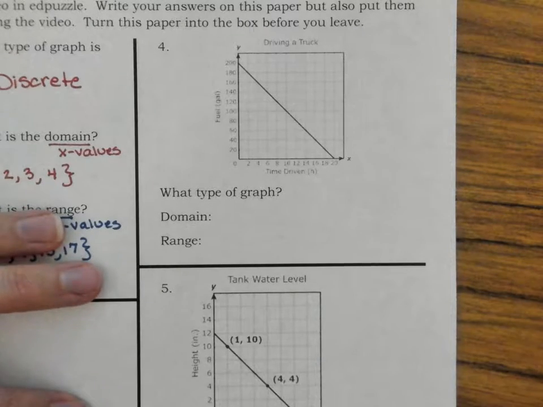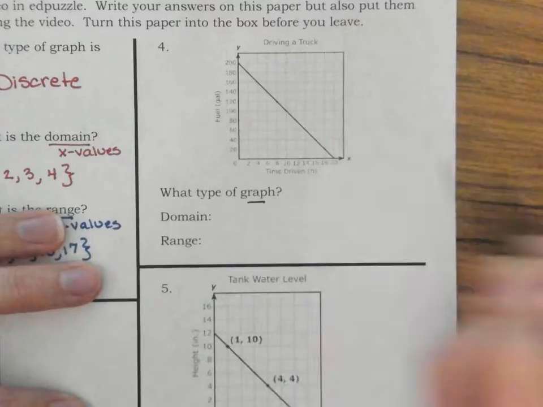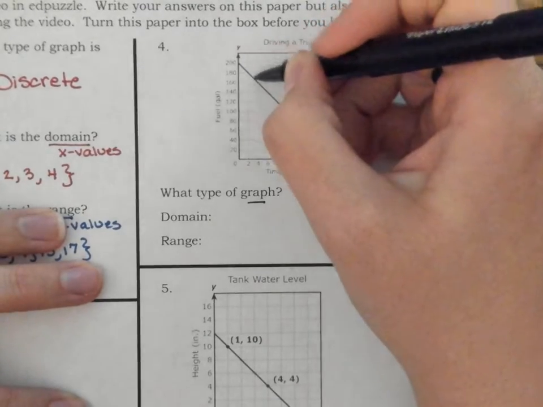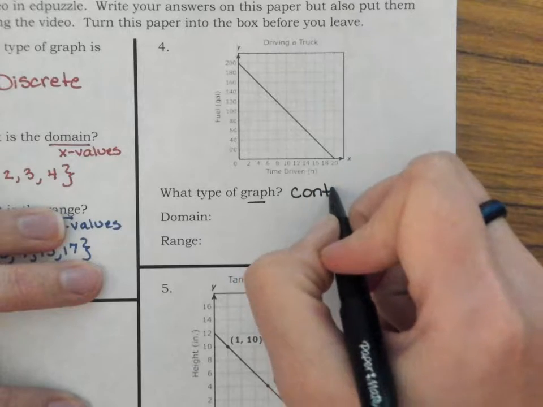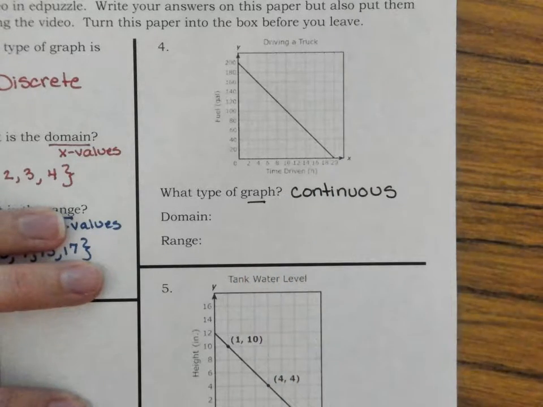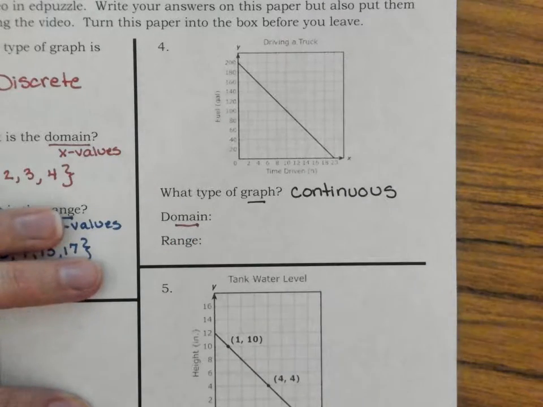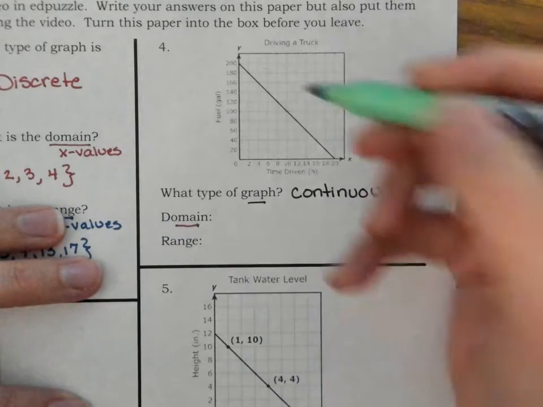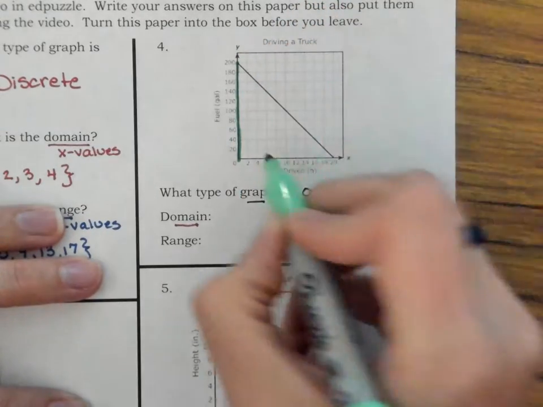Okay. Number 4, what type of graph? Again, these are all connected, so this is a continuous graph. Now let's look at the domain. Since it's continuous, I should box it in. And it has endpoints.